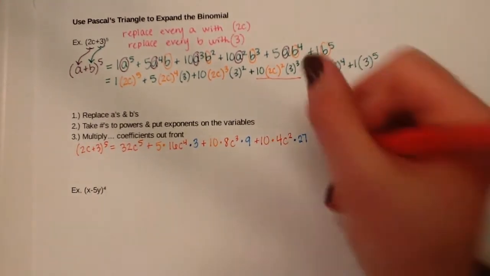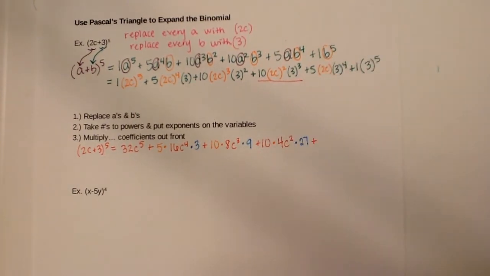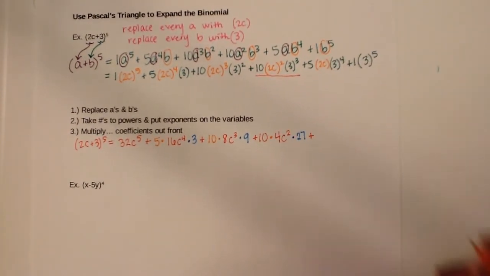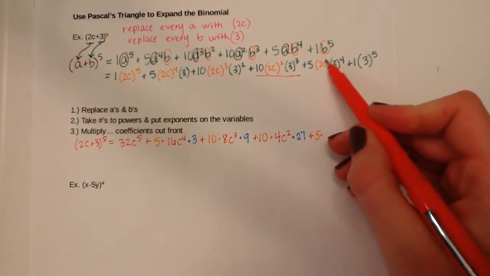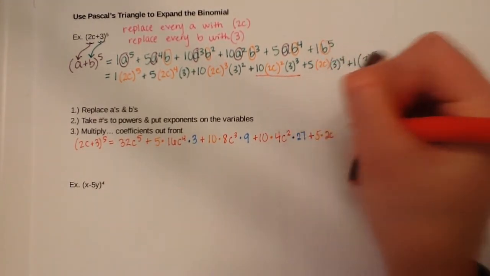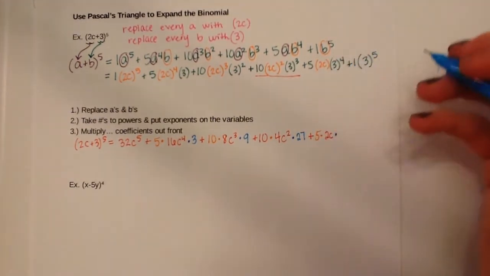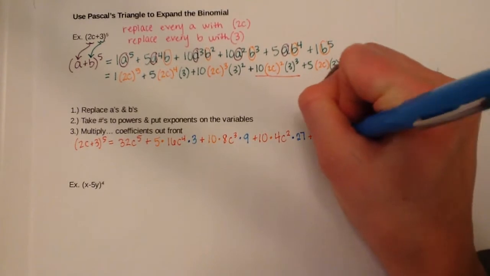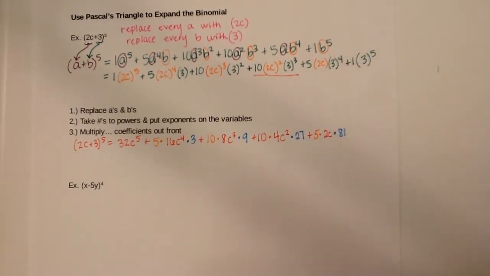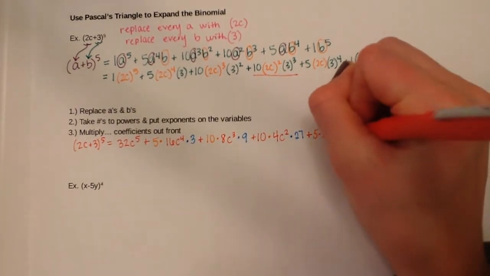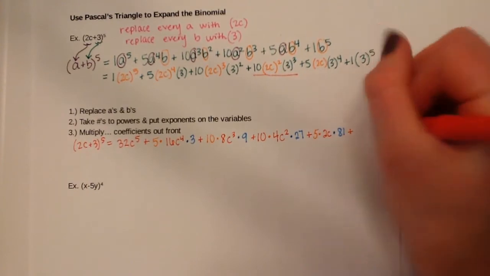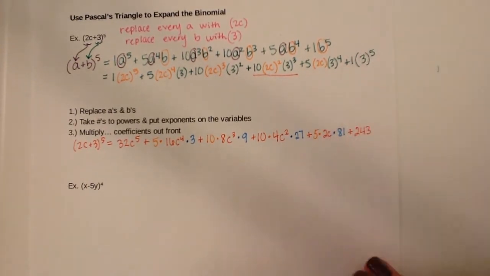Now we have plus, so we're going to take 5 times, we don't have an exponent here, so that's just 2c, times 3 to the 4th, which is 81, plus 3 to the 5th, which is 243.